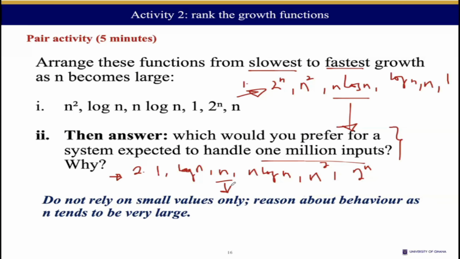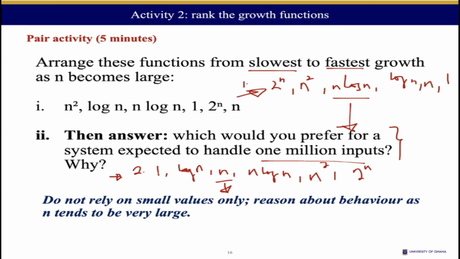Yes, please. Why? Because if I'm choosing n, because of scalability, that's why I'll choose n. Because if I choose other factors like n squared or 2 to the n, it will become expensive to compute.